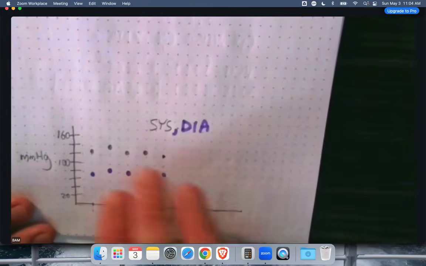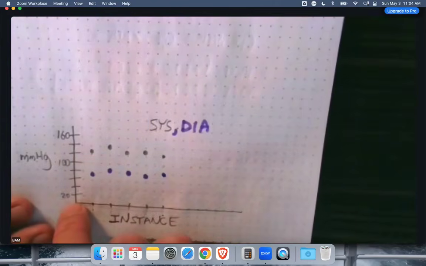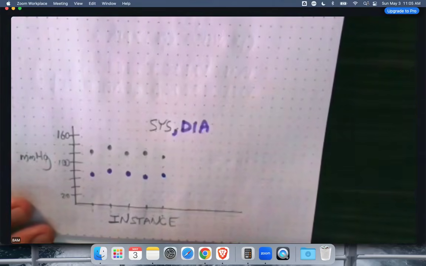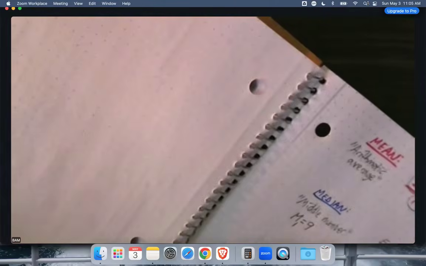The thing about it is you can't see the variability that much, right? Because I started this at 0. So there's a lot of analyzing we could do here, right? So let's get the actual answers now.